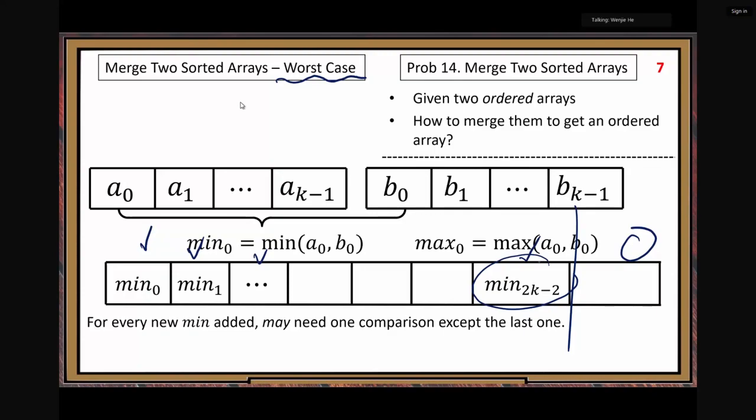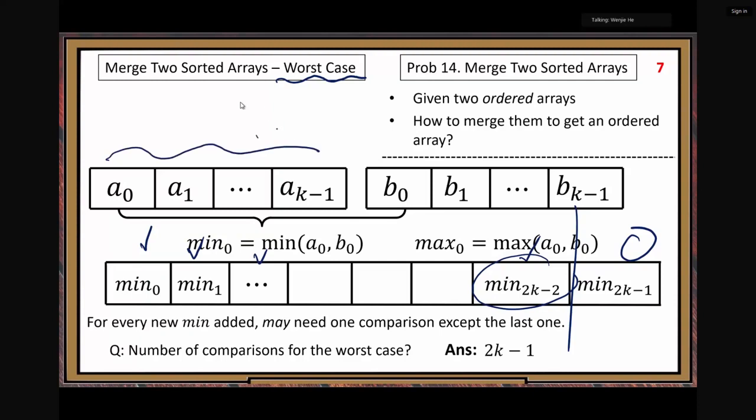So this is the worst case: the number of comparisons is 2k minus 1. Here we assume the size of each subarray is k, so 2k is the total number of elements in these two subarrays, but we need to minus 1 because the last one we do not count. So 2k minus 1.